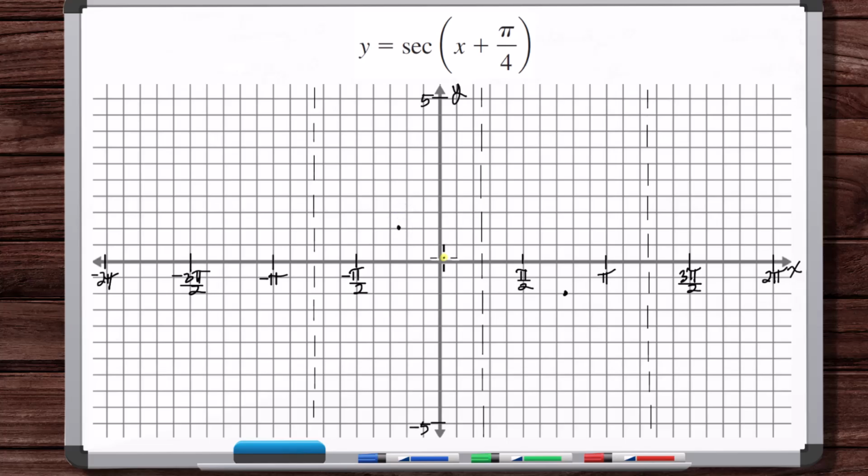Now, where's the quarter point? Okay, typically that would have been at the, so we're going from minus pi over 2 to pi over 2. The quarter point would have been here. So we're going to have a quarter point here at the origin. So let's see. All right, and then we'll have a quarter point here. All right, now, yeah, this will be a quarter point for this interval.